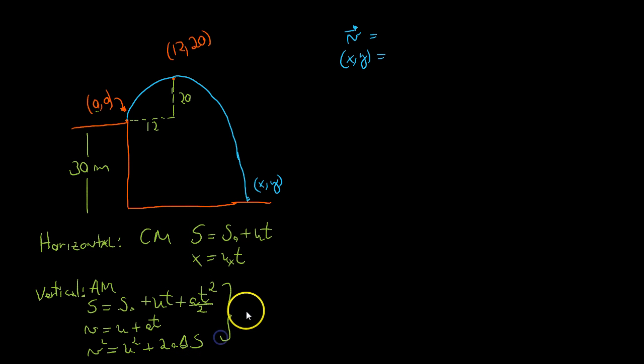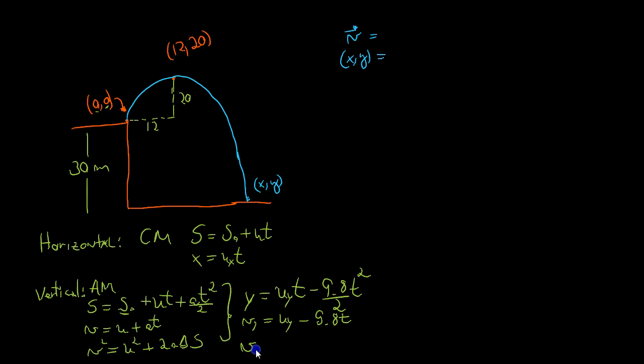We can adapt those as well, and they become: the initial position y is 0, so the y position is equal to the initial y velocity times time, plus the acceleration. The acceleration here is due to gravity, the only force acting on that particle, so it's going to be minus 9.8 divided by 2 times t squared. For the second one, we would get the y velocity equals the initial vertical velocity minus 9.8 times time.